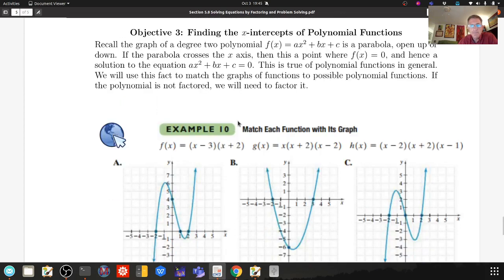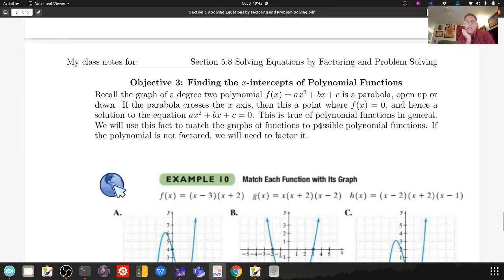So, this is a really important example. The graph of a degree 2 polynomial, f of x is equal to ax squared plus bx plus c, is a parabola, open up or down.